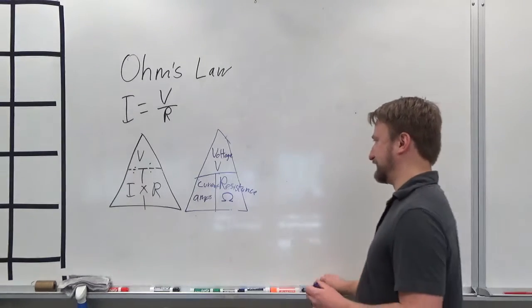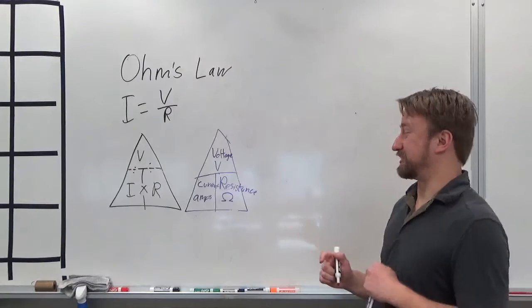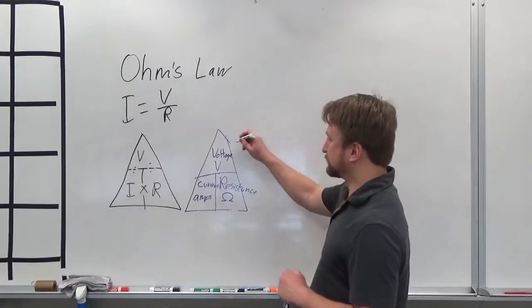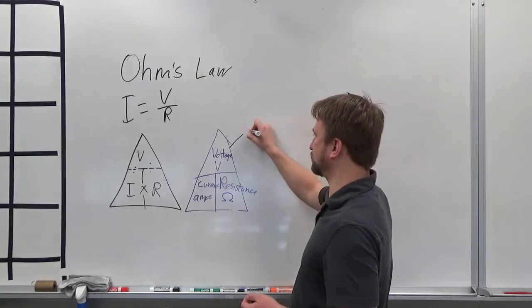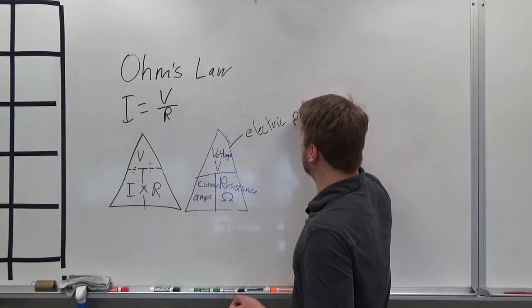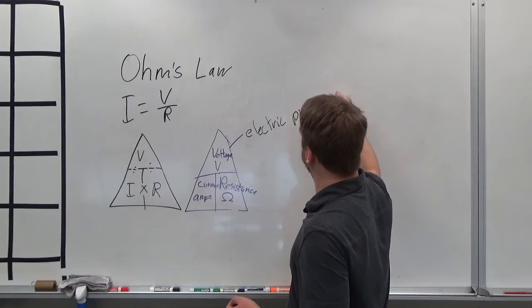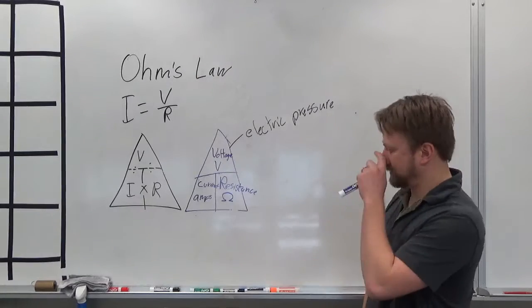And let's define these pieces here too. Again, in the previous video we talked about a lot of this stuff. So this is voltage. Was it electric pressure? How much those electrons are being pushed to move, right?